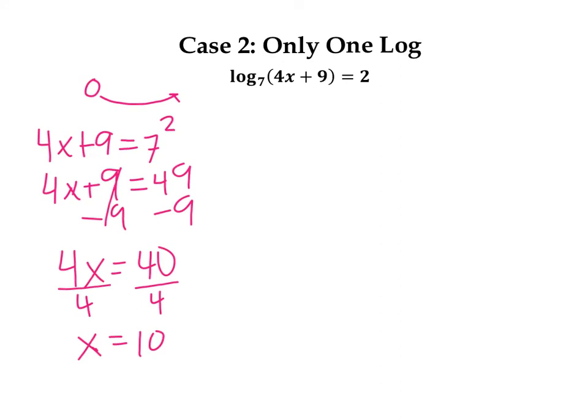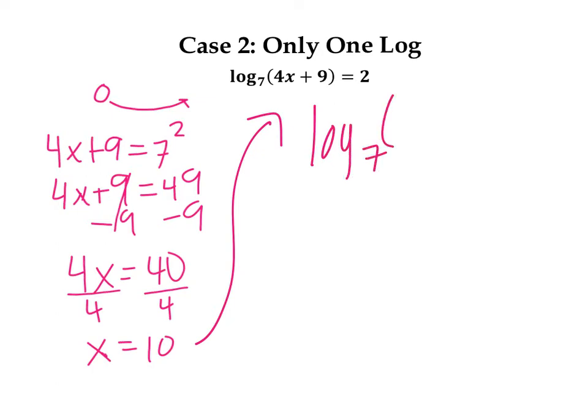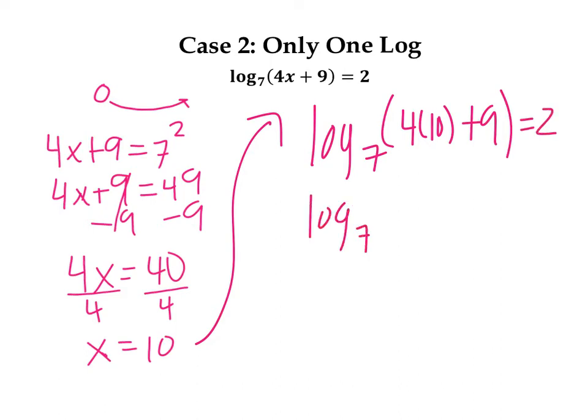Again, we need to confirm that this is actually a solution. We're going to plug it in. We have log base 7 of 4 times 10 plus 9 equals 2. So we have log base 7 of 40 plus 9, which is 49, equals 2.